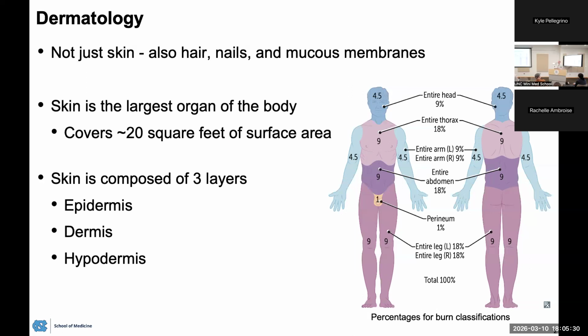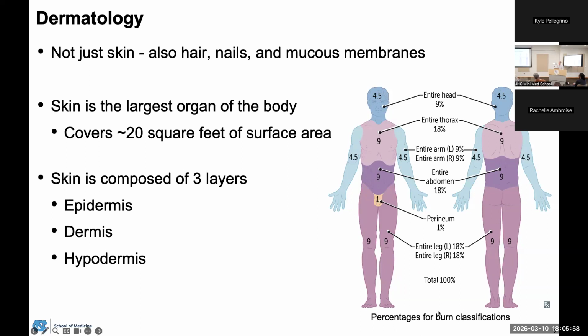And the skin, which we'll go into a little bit more detail in a few slides, is composed of 3 different layers: the epidermis, which is the outermost layer, the dermis, and then the hypodermis, which is the innermost. On the right-hand side here, just as an example for how important the skin is for covering the entire body, here we have percentages for what percentage of your body is covered by the skin that covers the head.